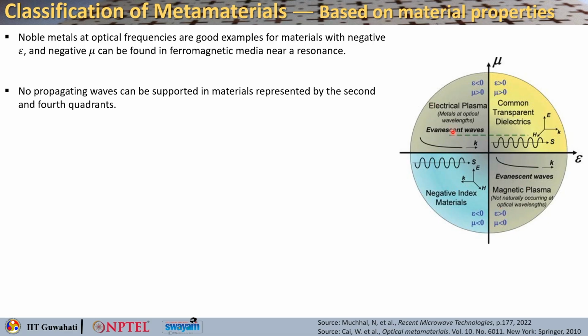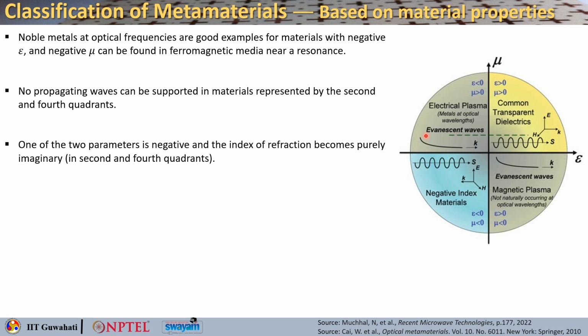What is happening in the second and the fourth quadrant is that you have an imaginary refractive index coming up, so the waves are not allowed to propagate. You get evanescent waves. I believe all of you understand how refractive index is calculated from epsilon and mu: n equals plus or minus square root of epsilon mu.